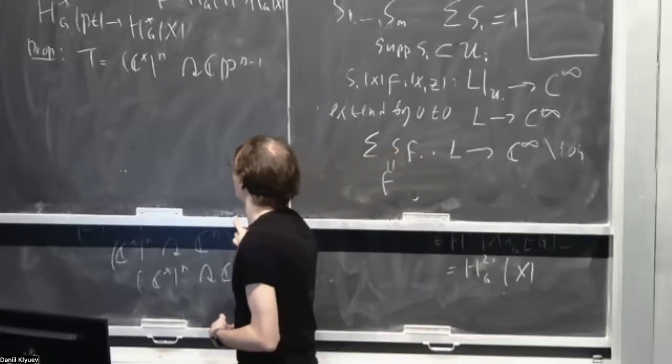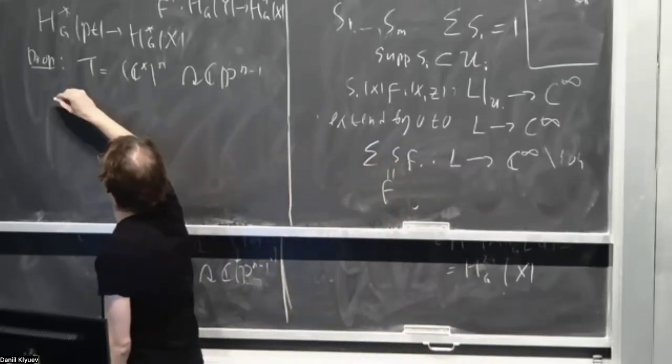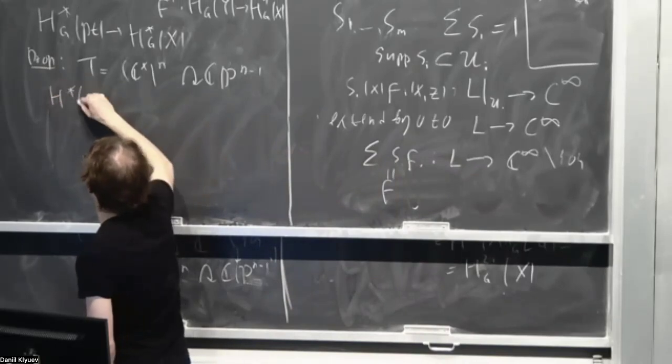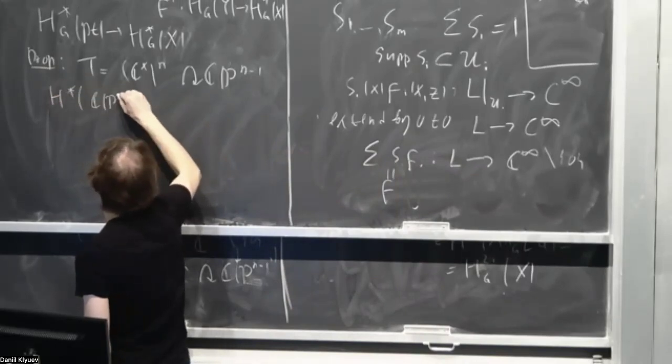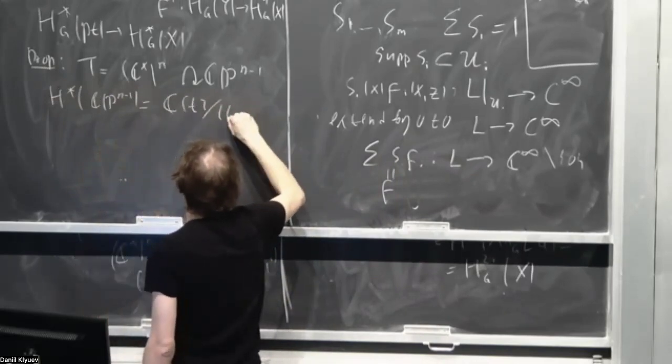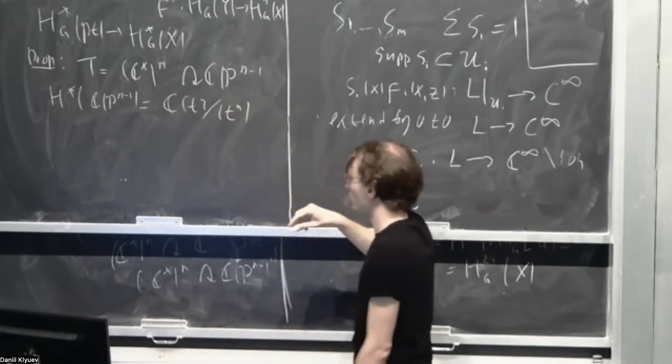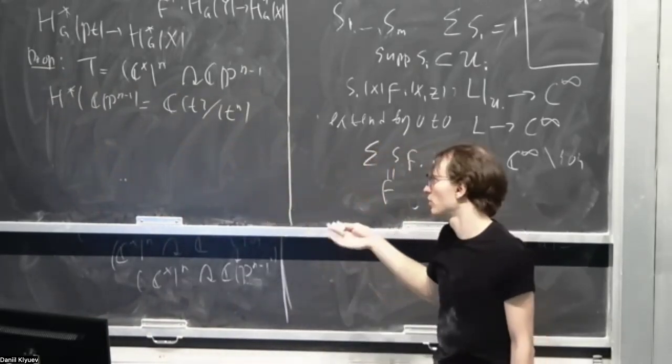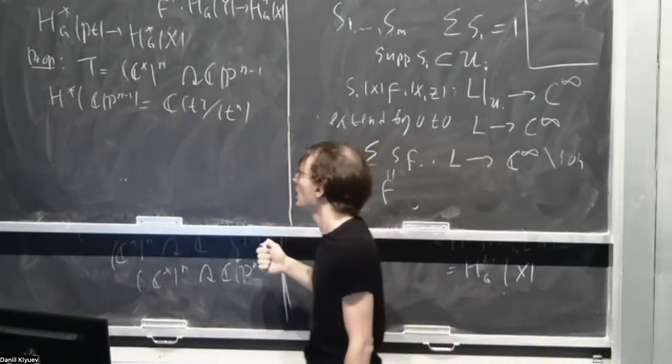And just to compare, recall that the usual cohomology ring of P^{n-1} is C[T]/T^n. So it lives in degrees 0 to 2n-2.